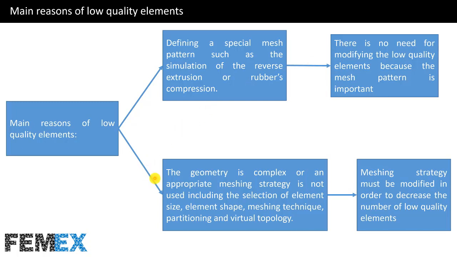In the second reason, the geometry is complex or an appropriate meshing strategy is not used, including the selection of element size, element shape, meshing technique, partitioning, and virtual topology. In this case, the meshing strategy must be modified in order to decrease the number of low quality elements.